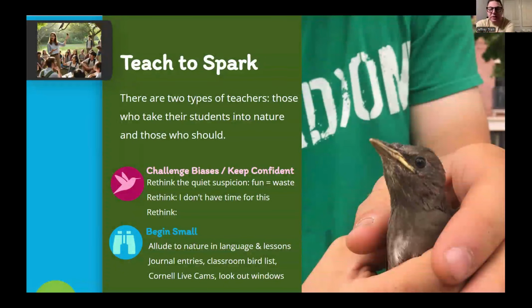If you just ask a blanket statement, who enjoys nature? Yes or no, you're going to get a couple hands. But kids start to realize, oh, I've never thought about a tree before. I guess I really like, I don't know the name of that tree that's out on my lawn, but I love how in spring, it explodes with pink flowers.